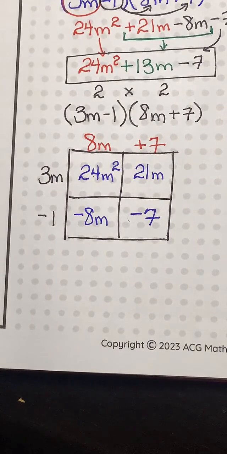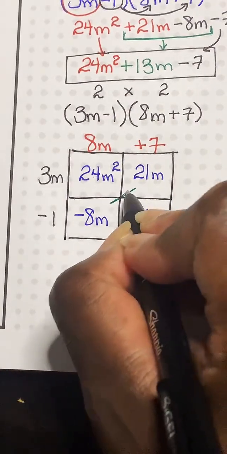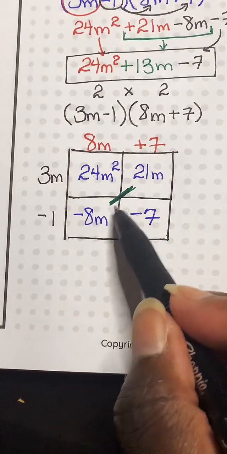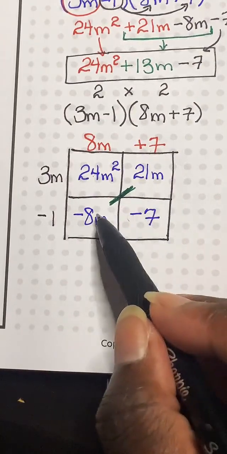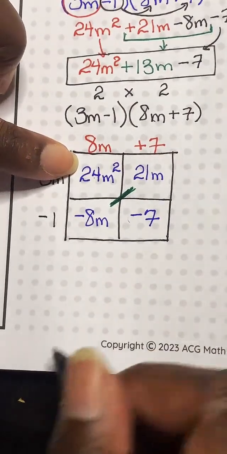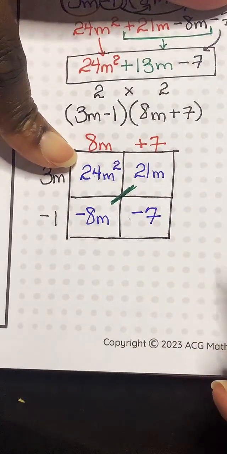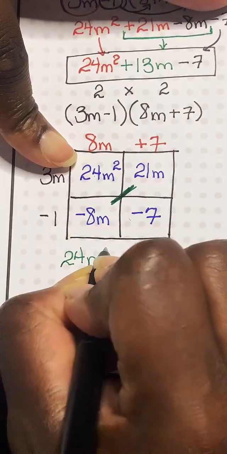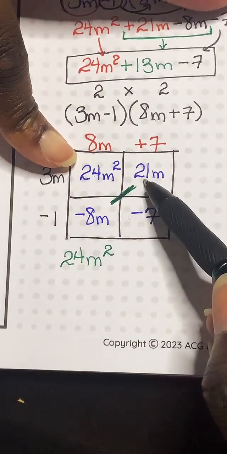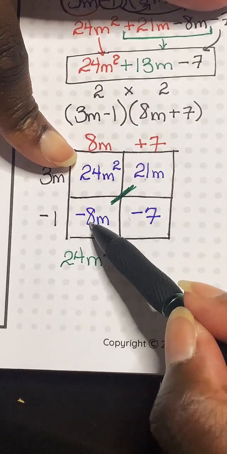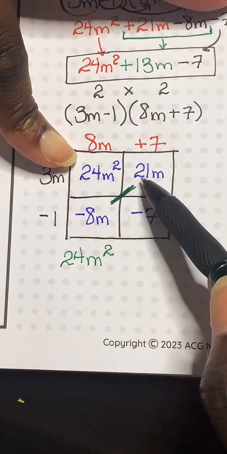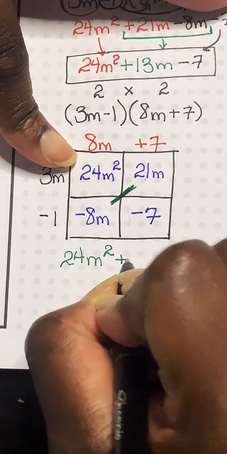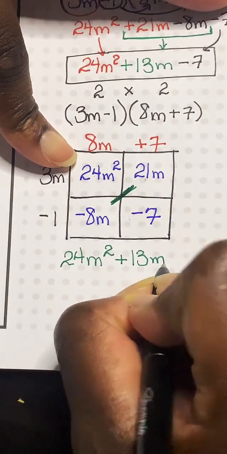But then take a look right here on this diagonal. I have my like terms. I always start with the term with the highest degree when I'm about to write my final answer. So I write my 24m squared. Then I combine 21 plus -8, or you can think of it as 21 minus 8, it's the same thing, which is a positive 13m.